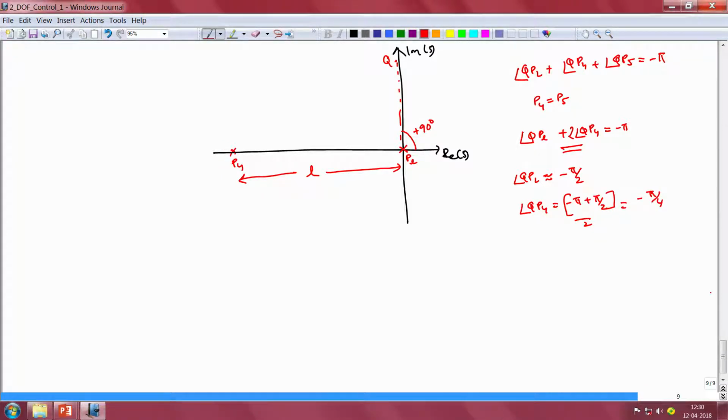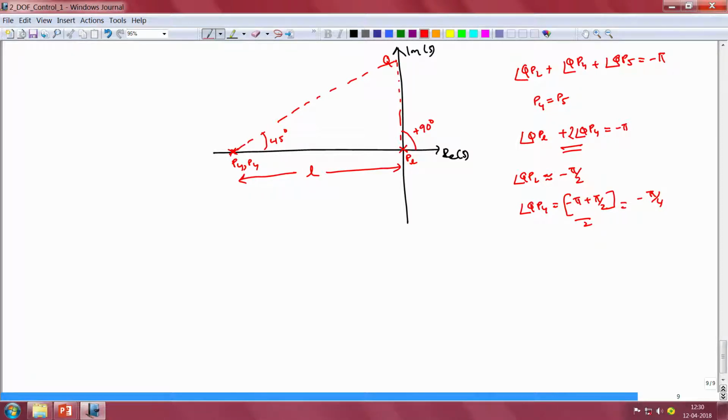What this indicates is that the coincident poles P4 and P5 should both subtend an angle of 45 degrees or minus pi by 4 radian at the point Q. So this angle should be 45 degrees.